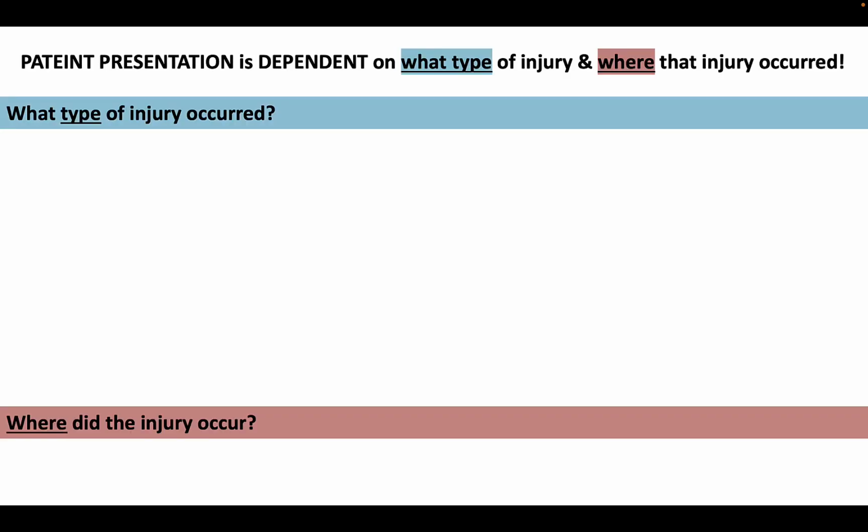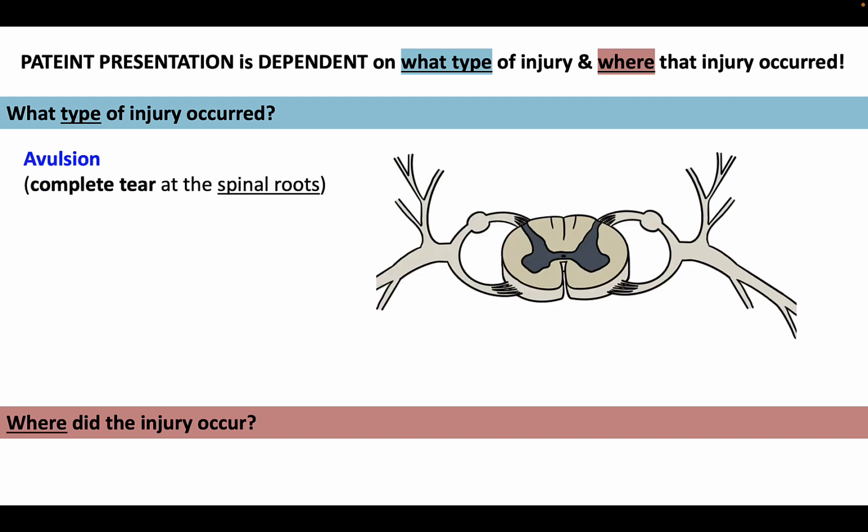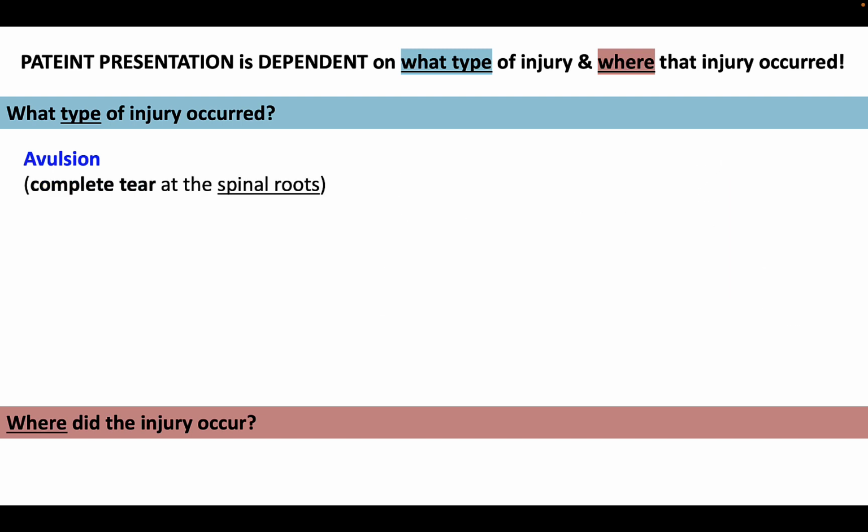The next piece to this puzzle is understanding that the type of injury and the exact location of injury matter in terms of patient presentation. An avulsion is a term to describe a complete tear, meaning every single neuron is physically torn at the spinal roots. That's the dorsal and the ventral roots. A rupture is a complete tear, I say, anywhere else in the peripheral nervous system.